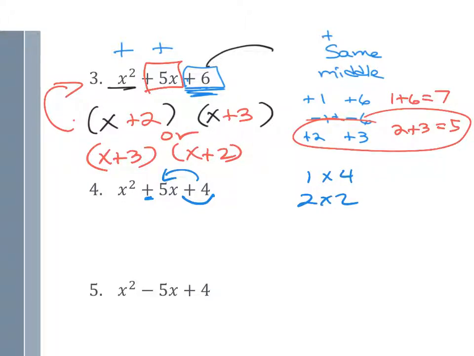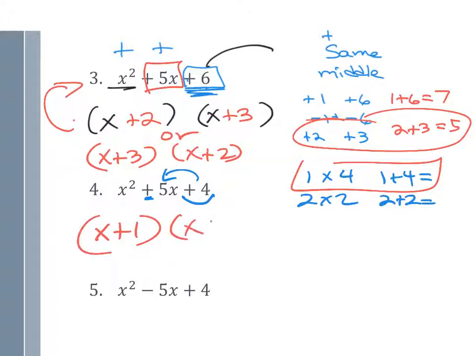So if that middle sign was negative, then both of my signs would have been negative. All right, so let's figure out which one of these, is it 1 plus 4 or 2 plus 2, that will give me the 5. And you can see that it's going to be the 1 plus 4. So my factors for this trinomial are going to be x plus 1 and x plus 4.